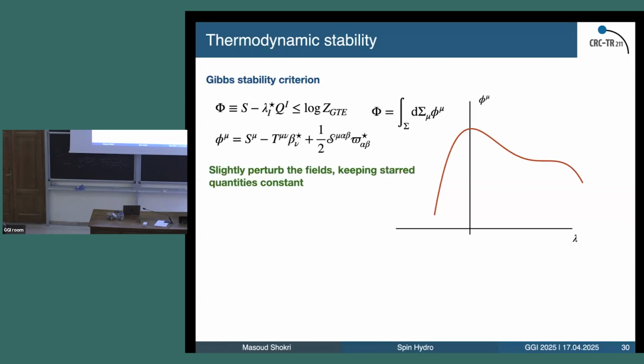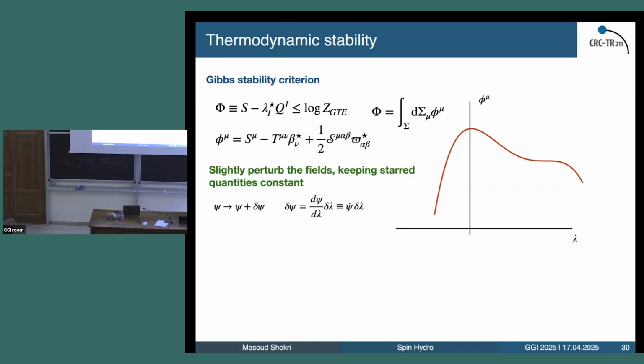First of all, the relation for T mu with non-symmetric T mu is given by this. And these stars are important because you never change these; these are your backgrounds. Then you slightly perturb the fields, whatever fields you have, here for example S, T, and S.